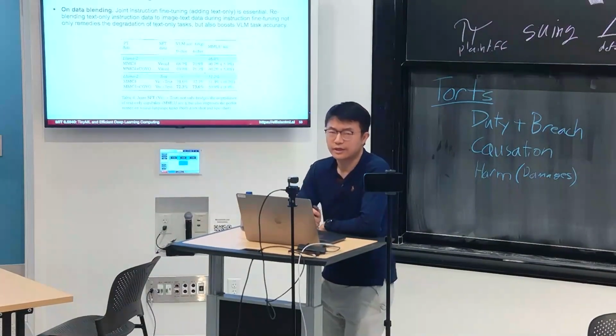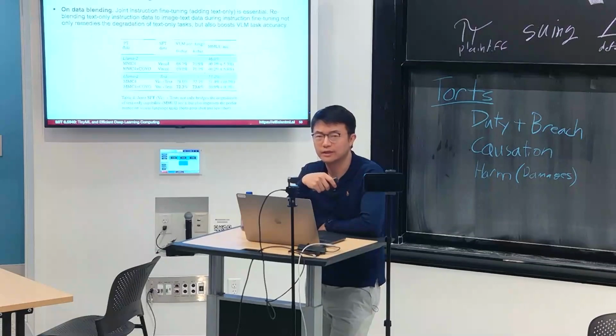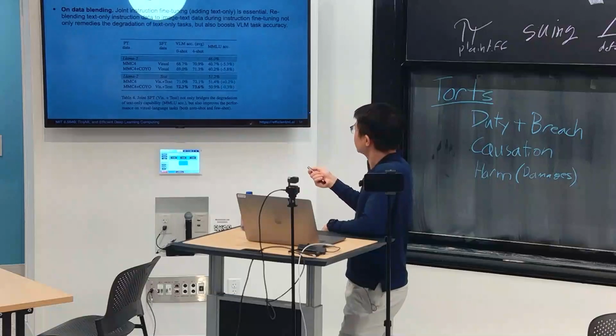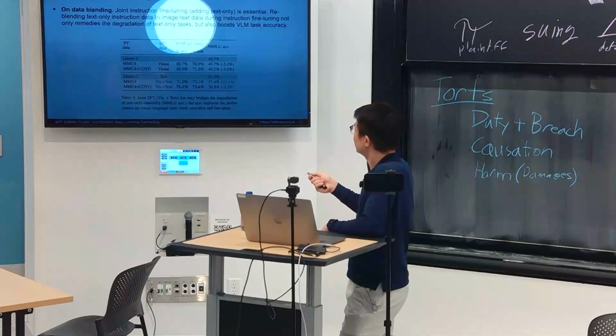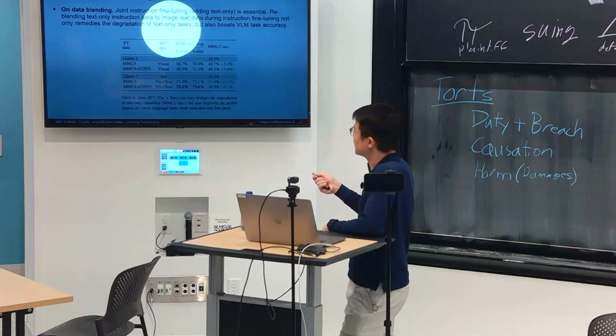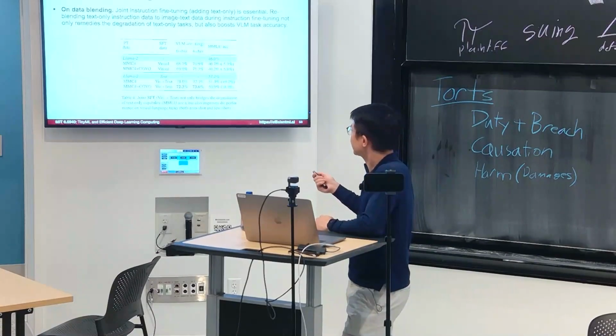The next finding is that data blending is also crucial. In joint instruction fine-tuning, we should add text-only data. Although we are working on a visual language model, sometimes we should blend it with text-only data. Blending this text-only instruction data together with image-text data can alleviate the degradation of text-only tasks, since in the visual language model, you not only want to deal with visual language tasks, but also text-only tasks.